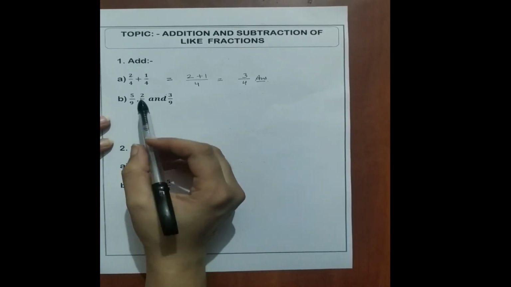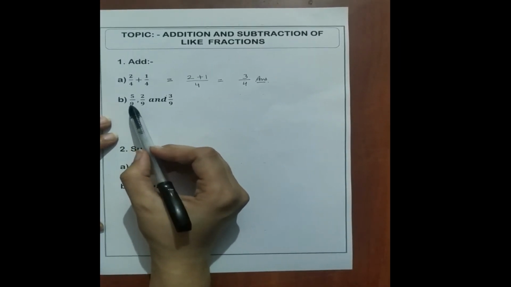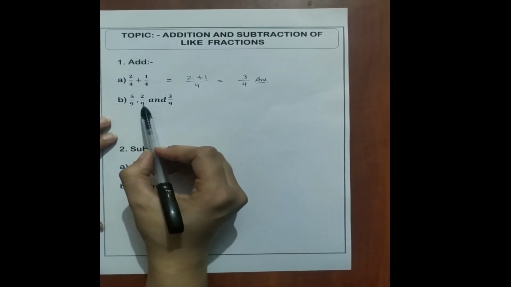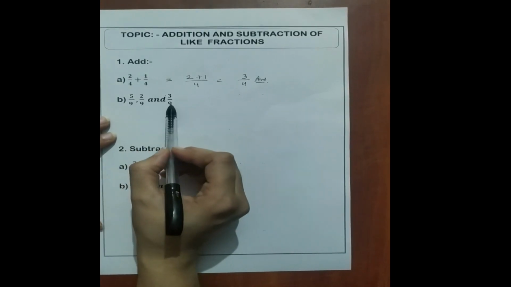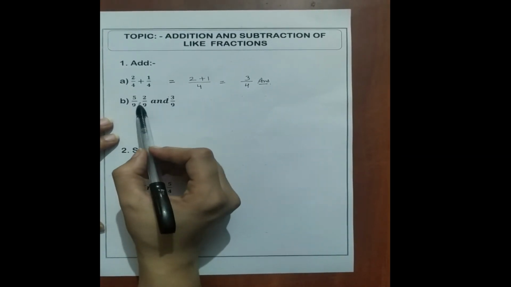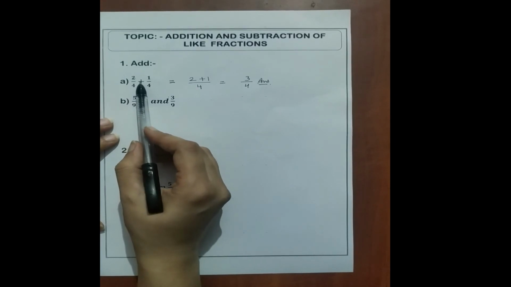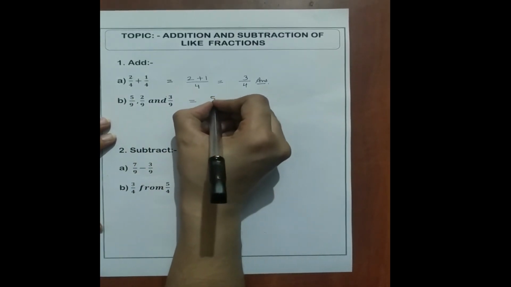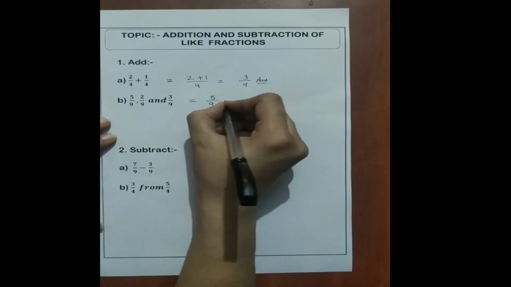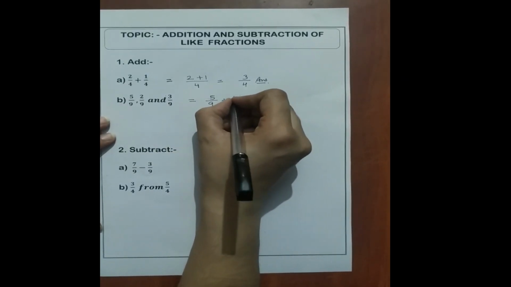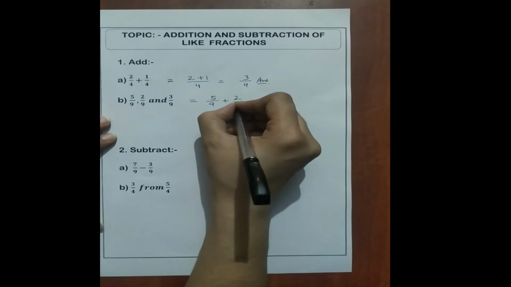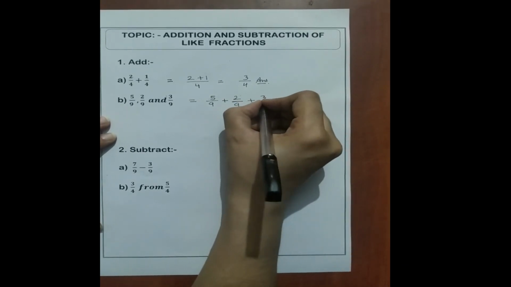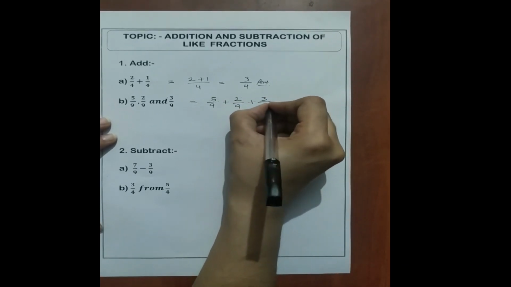Let's take another example. 5 by 9, 2 by 9 and 3 by 9. Here they have not put the addition sign. The first step is to put a symbol of addition, that is 5 by 9 plus 2 by 9 plus 3 by 9.